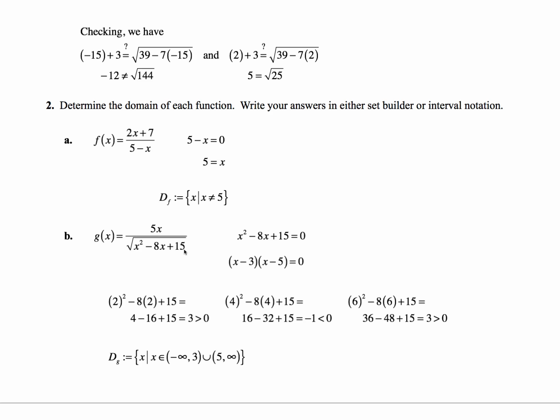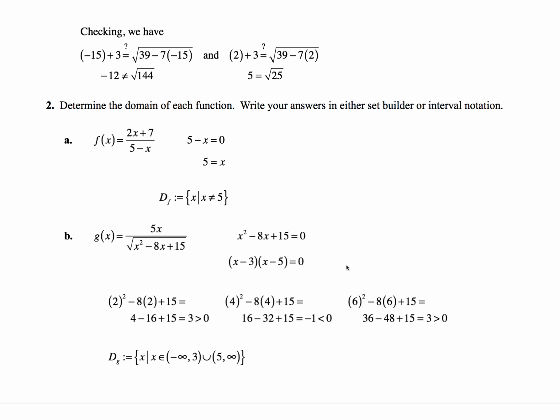But this radical, this root, is in the denominator, so it can't equal 0 either. So we solve the equation to find these 2 points because we want to check the interval to the left of one solution, in between the 2 solutions, and to the right of the largest solution.